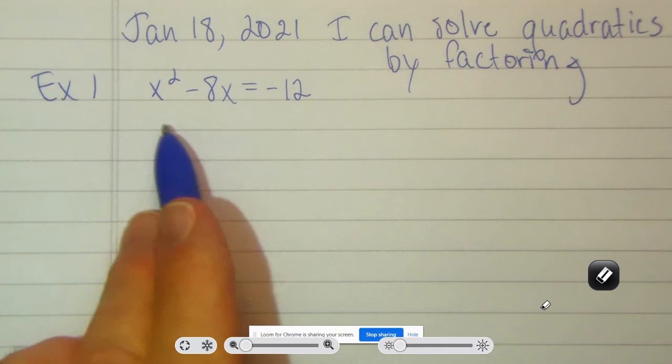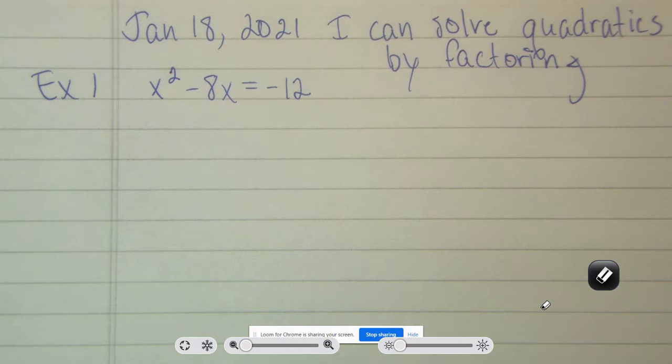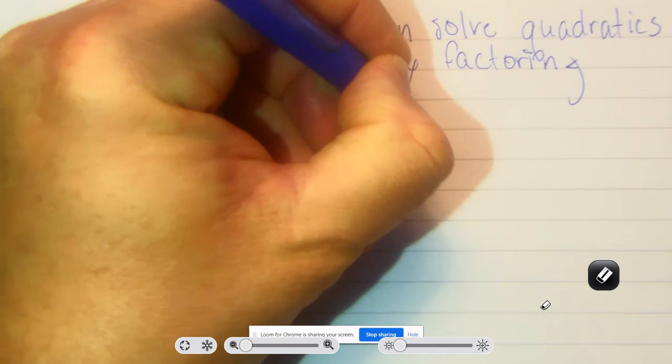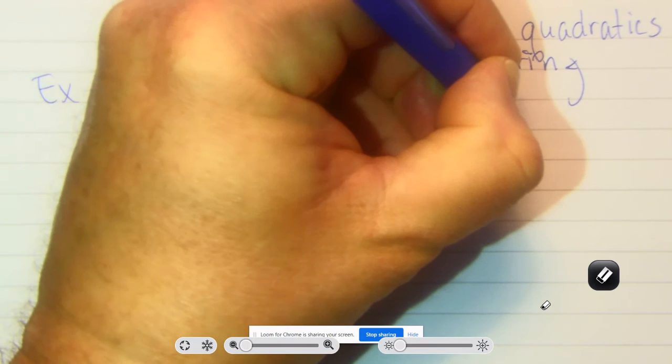Now notice right away that our highest exponent is the x squared. Therefore, it has a power of 2 or is a quadratic. So to solve quadratics, we want to do a couple things. First of all, we want to set the quadratic equal to 0.